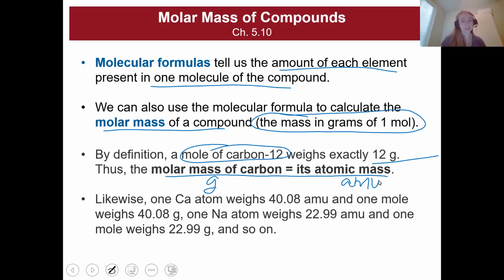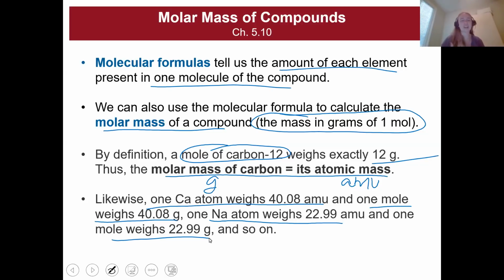So likewise, 1 calcium atom weighs 40.08 AMUs. 1 mole of calcium atoms weighs 40.08 grams. 1 sodium atom weighs 22.99 AMUs, and 1 mole of sodium atoms weighs 22.99 grams. So that's why I tend to use them interchangeably, because they pretty much are interchangeable, okay?